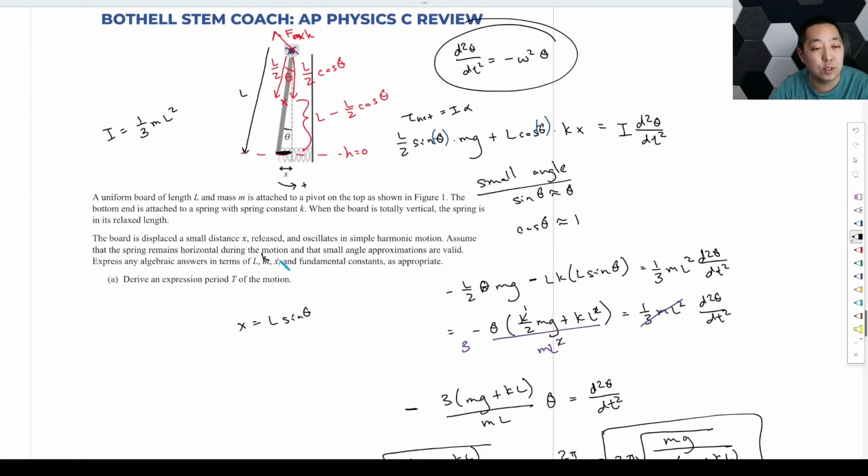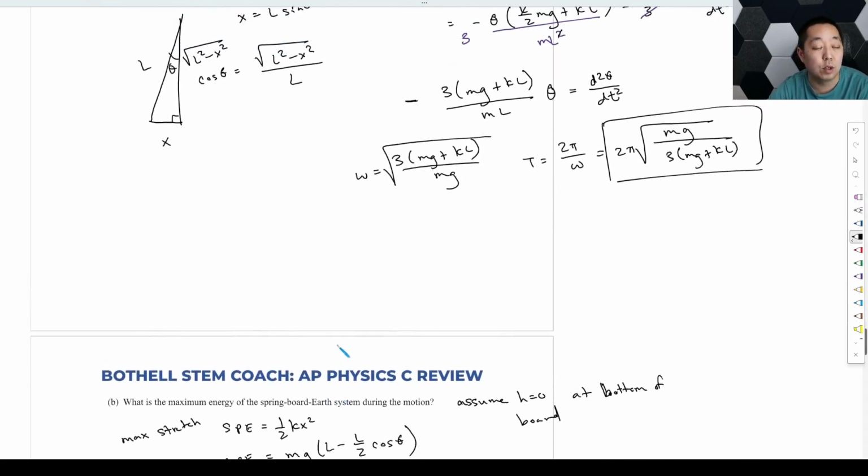You could do inverses, but probably the easiest way to think about it is like, this is x, this is L, this is theta. Cosine of theta is adjacent over hypotenuse, right? So this is the square root of L squared minus x squared, from the Pythagorean theorem. So cosine theta is the square root of L squared minus x squared, over L. So that's going to go in for that cosine theta.